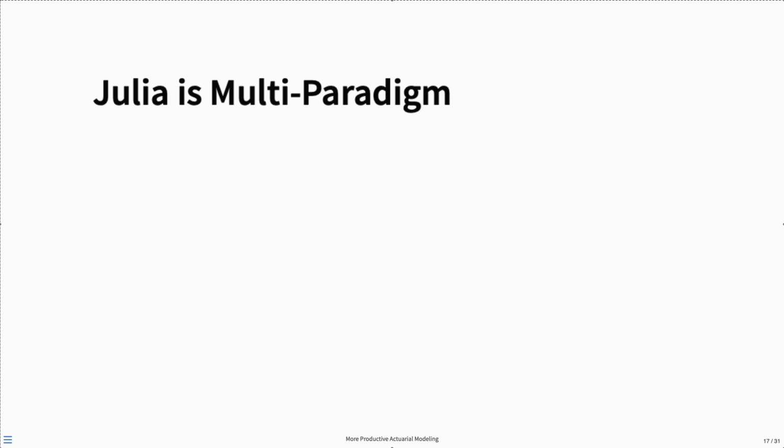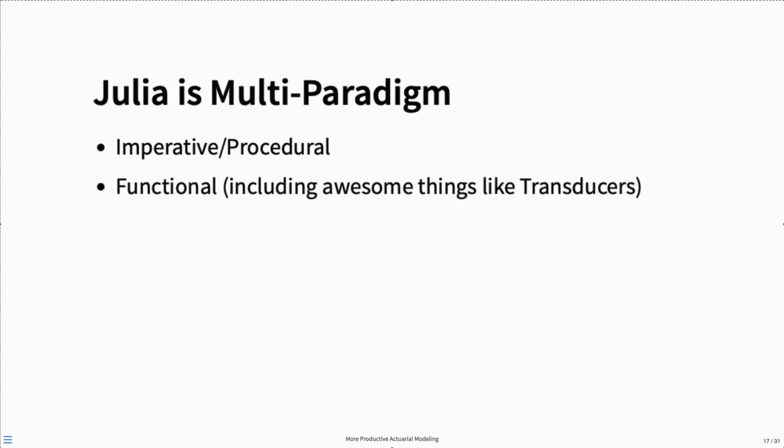But Julia is very multi-paradigm. You can write in a very imperative or procedural style, so think like Fortran type of code. You can write functional, so like Haskell or Lisp-like, or like really cool high-level libraries like transducers, which are super powerful and actually power one of the financial models that we'll go through later.